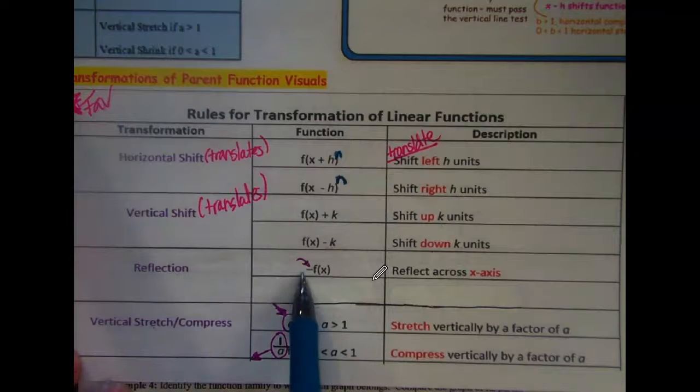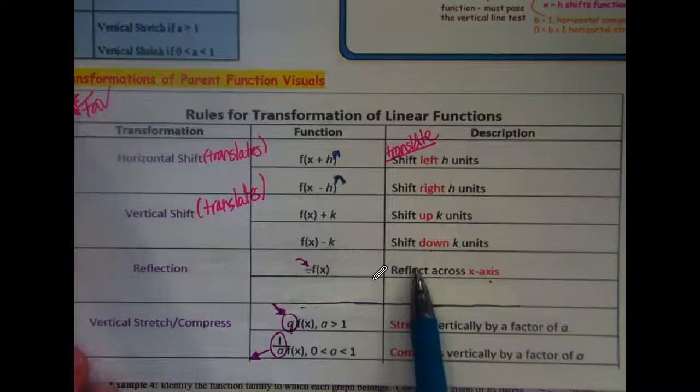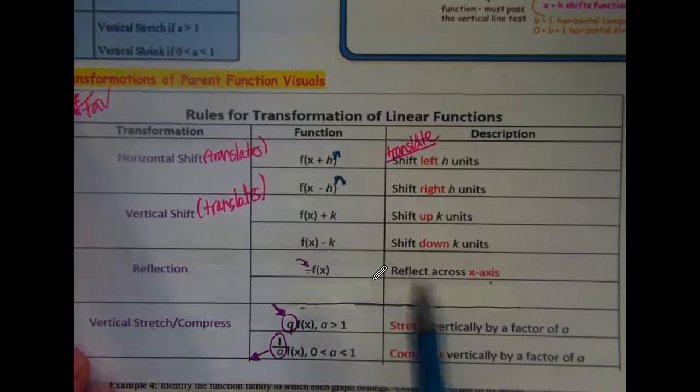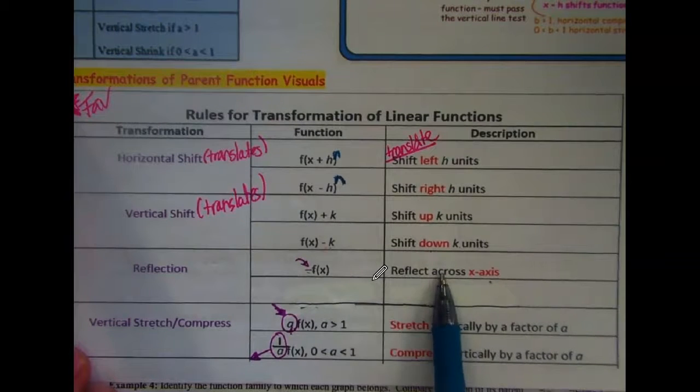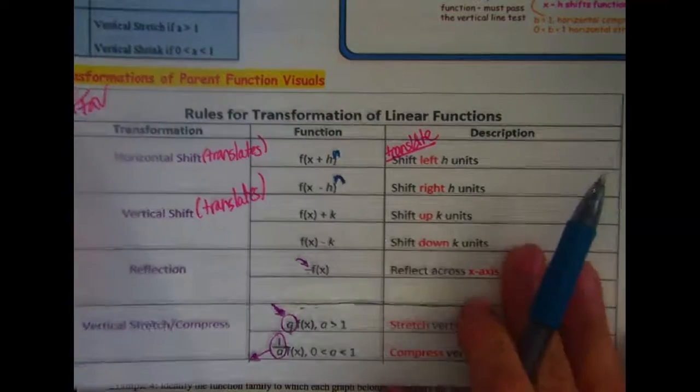I have a negative out front of my f of x. So that tells me right away it says we reflect across the x-axis. That's the only type we're going to be doing for this section. So when there's a negative out front, just the negative, that's a reflection. We can say in the x-axis, about it, across it, however you want to word it.